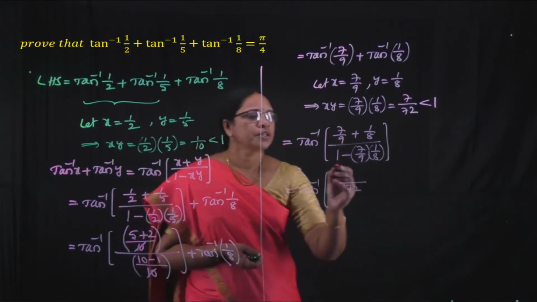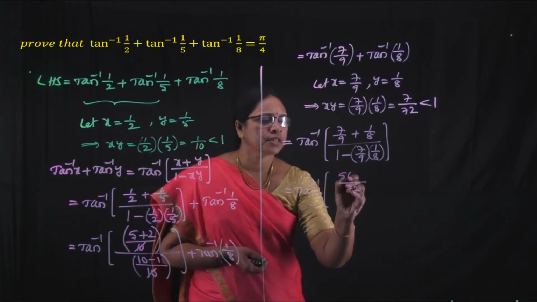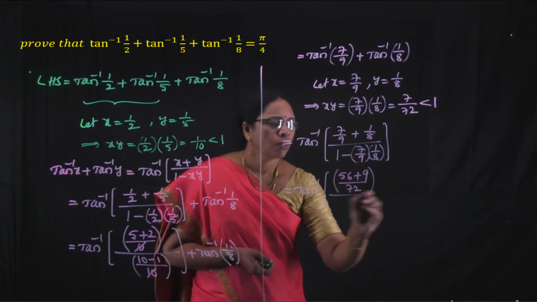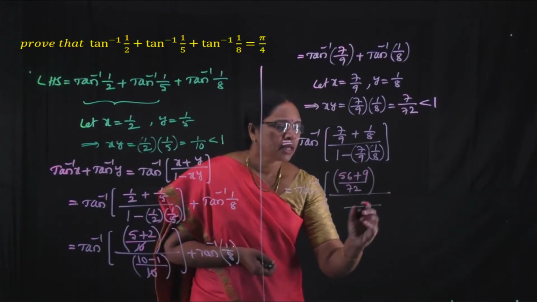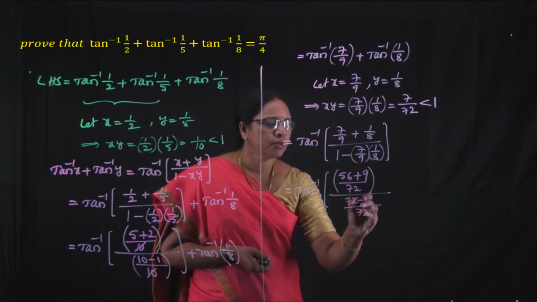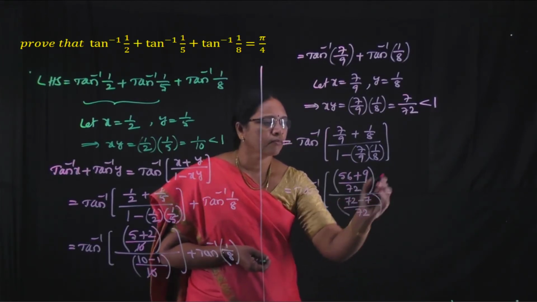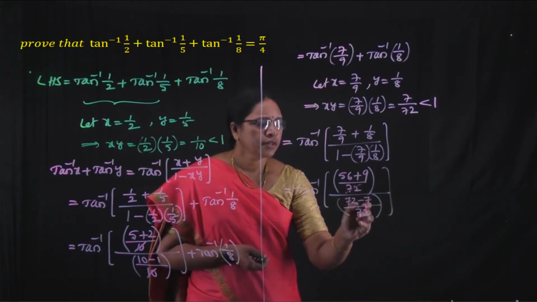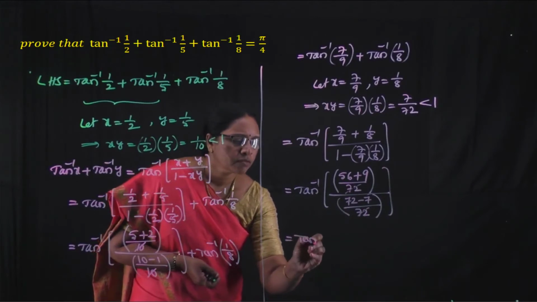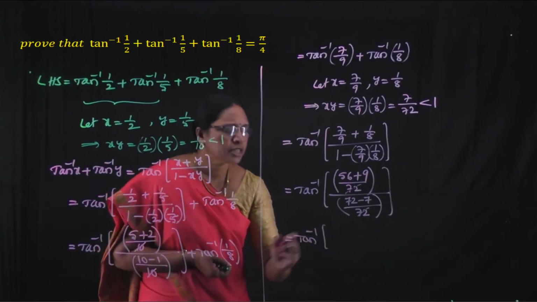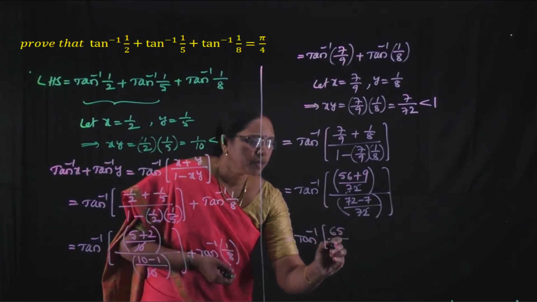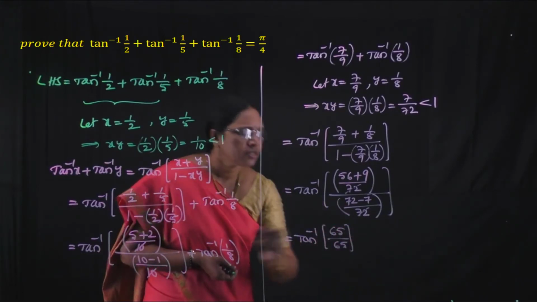Here 7 into 8, that is 56, plus 1 into 9, 9, whole divided by 72 minus 7. Here 72 gets cancelled. That is equal to tan inverse of 56 plus 9, 65, by 72 minus 7, that is 65.